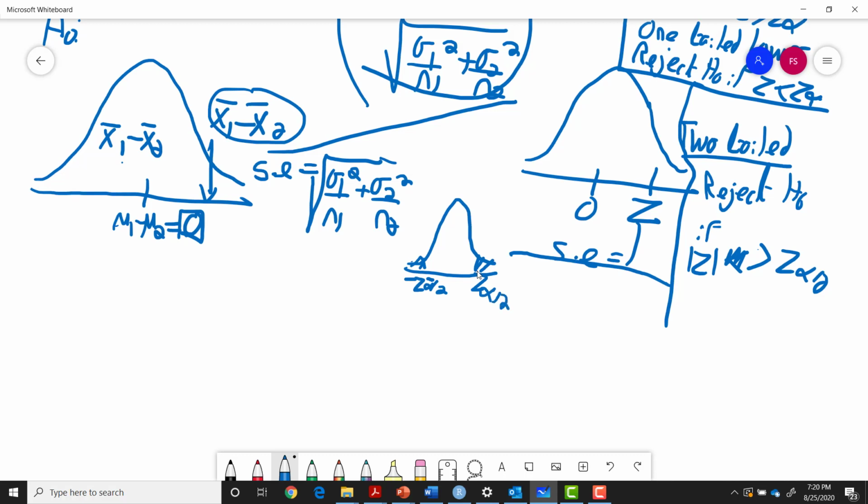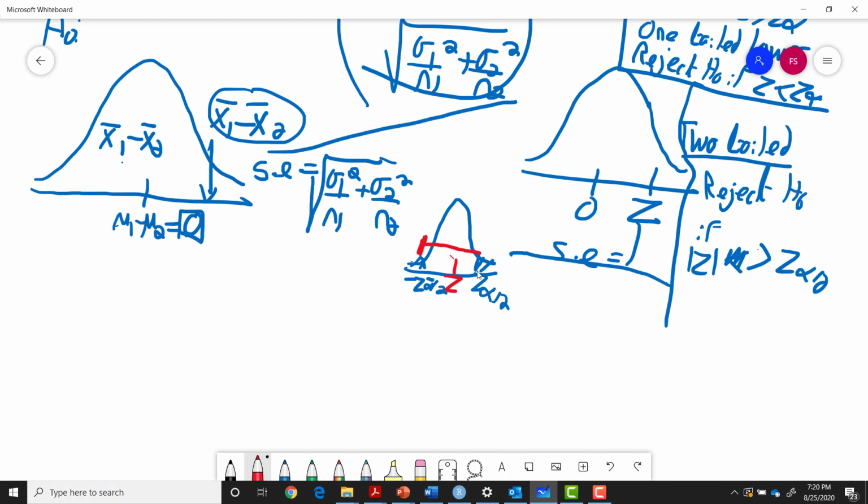So we have a z value somewhere in here. As we get bigger and bigger until we reject, we get smaller and smaller until we reject. So again, very small differences we don't reject, large differences in either direction we do reject for a two-tailed test.